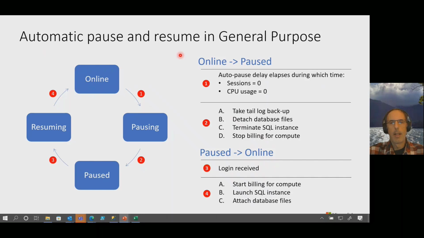The latency to resume a database is typically about a minute. It can take as little as 30 seconds, but of course that resume time is, unlike, say, the pausing time, very important for both performance and availability related reasons.